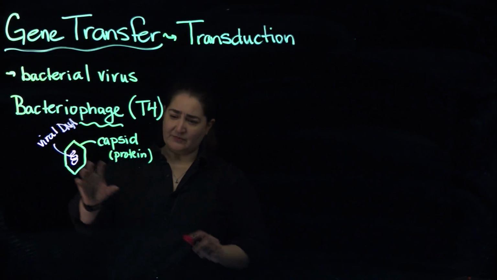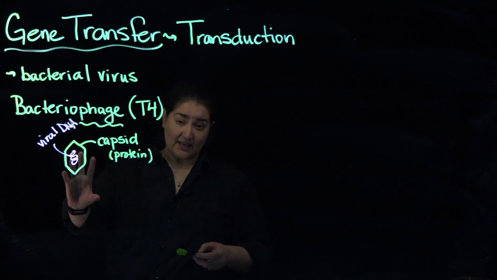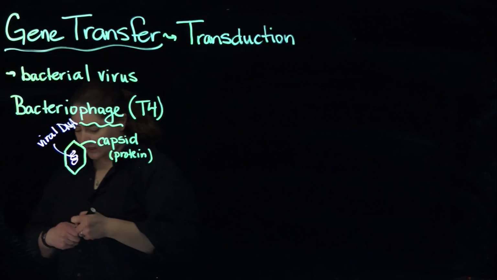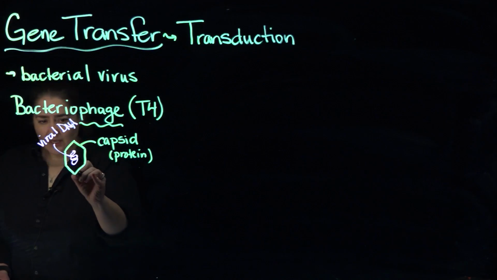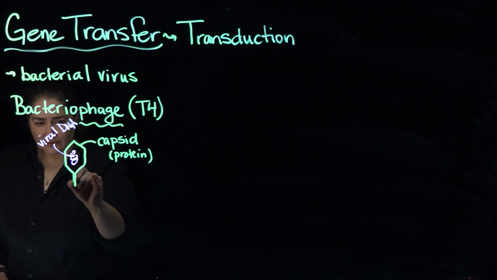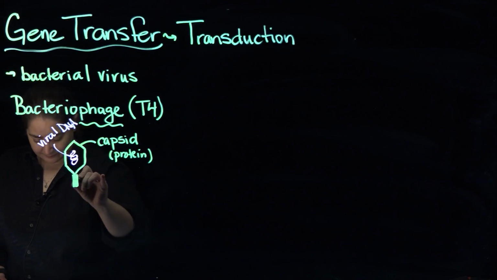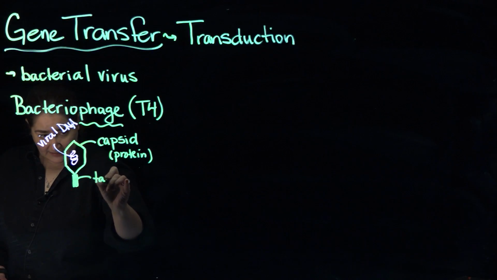So that DNA is housed inside the head of the virus, because you'll sometimes see the capsid referred to as a head. All right? And with the phage, I'll draw this a little thicker here. It's going to have a tail.